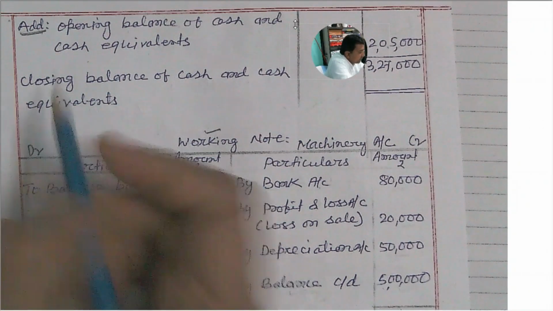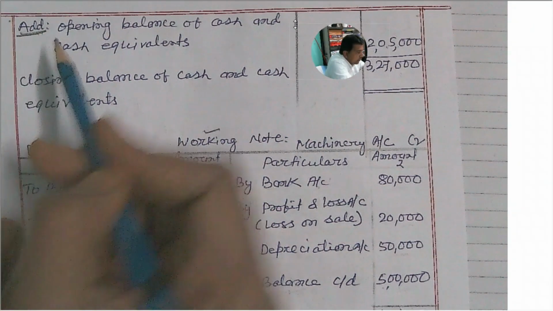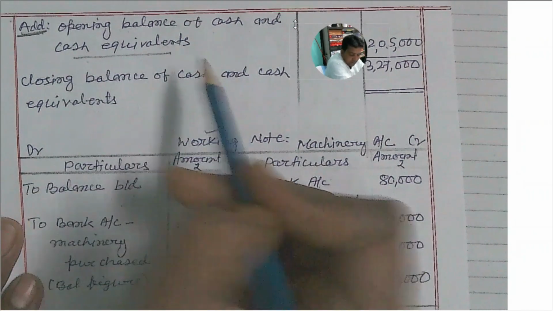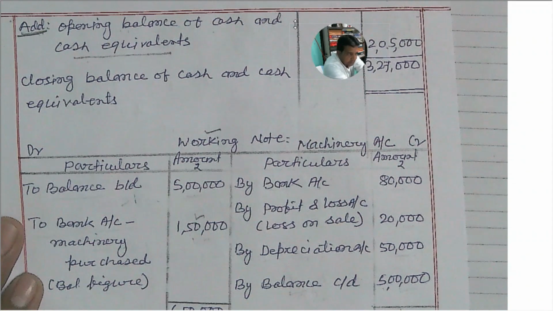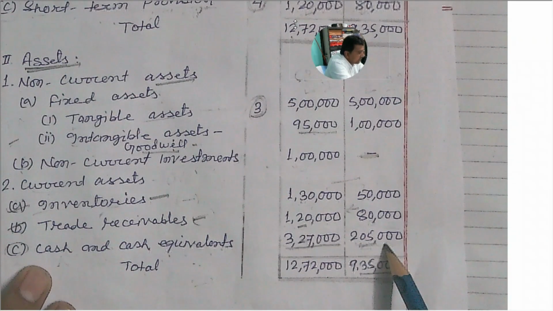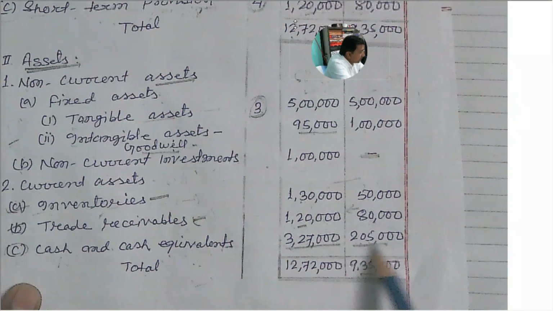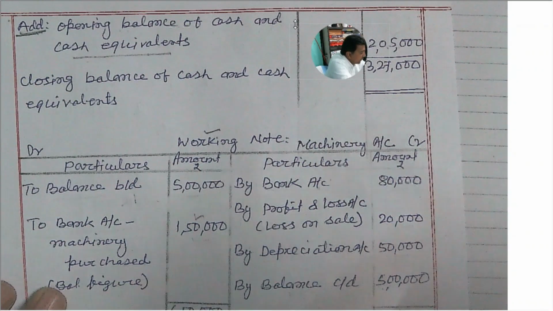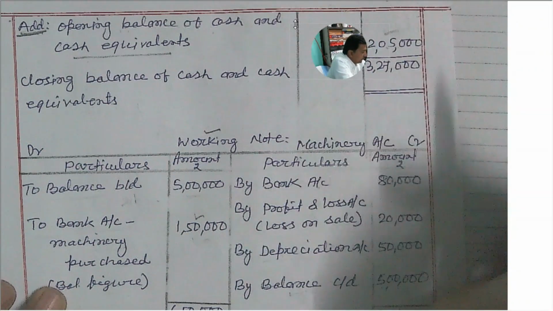So against this figure, the net increase in cash and cash equivalent is 1,22,000. The next step is to add the opening balance of cash and cash equivalent for 2021. This 2,05,000 is the opening balance, so we write this 2,05,000.